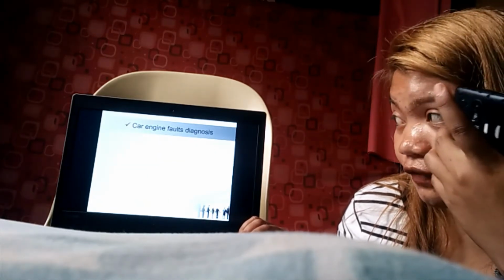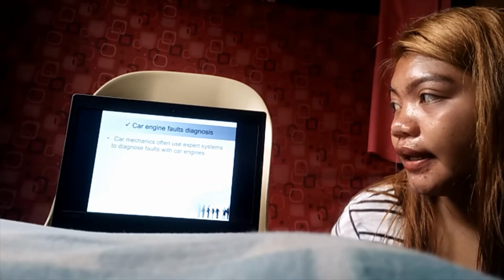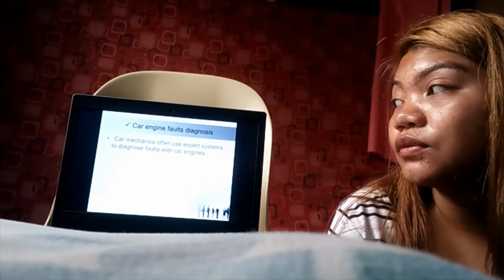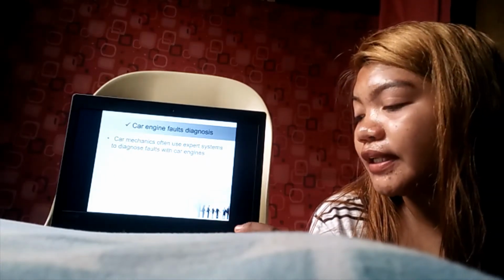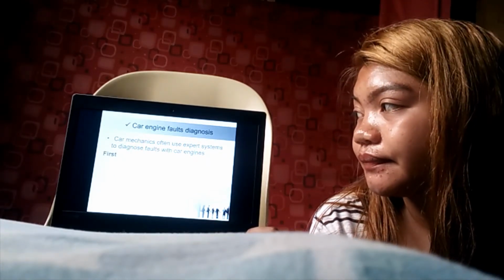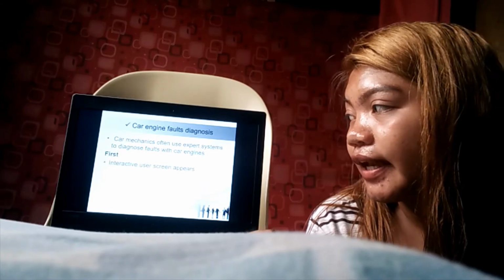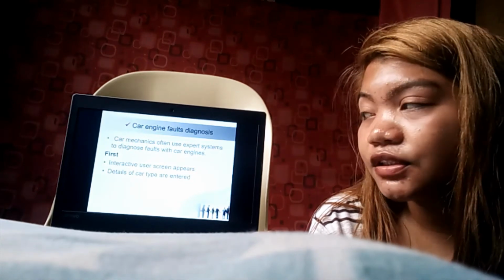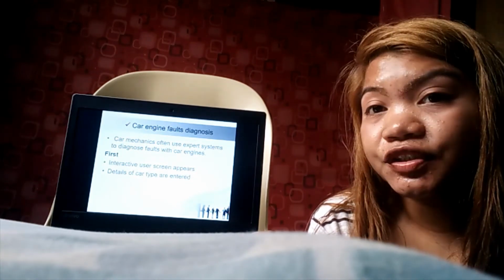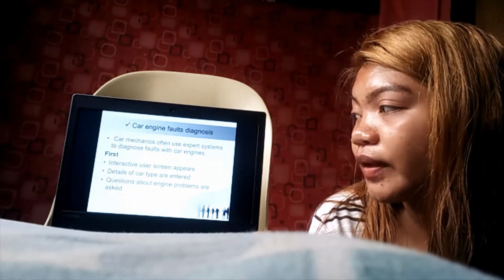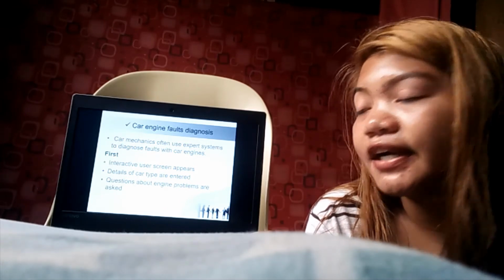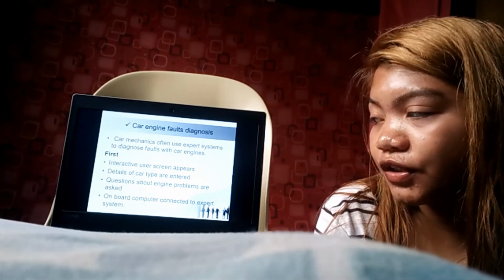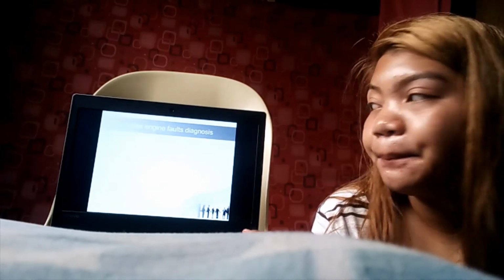Car engine faults diagnosis. Car mechanics often use expert systems to diagnose faults with car engines. First, the interactive user screen appears. Details of a car type are entered. Questions about engine problems are asked. An onboard computer is connected to the expert system.